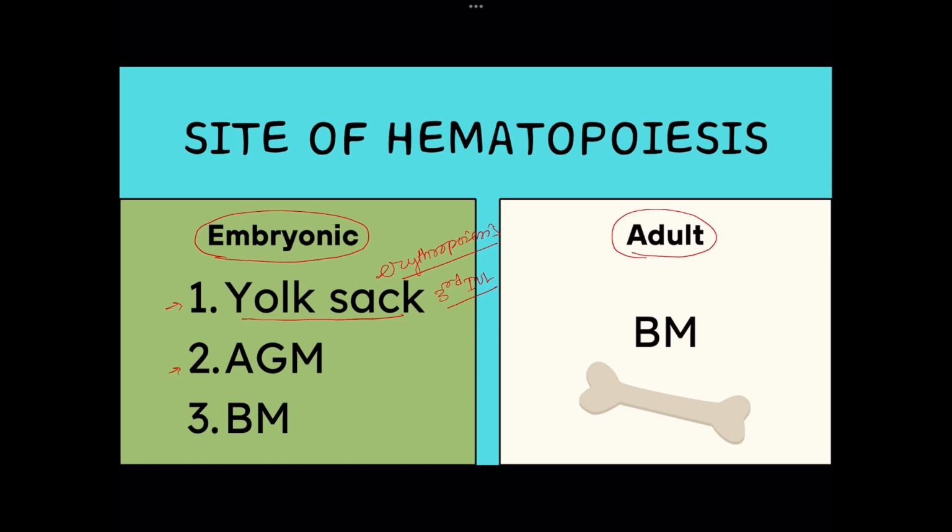Definitive hematopoiesis starts from the AGM region. AGM means aorta, gonad and mesonephros. This starts after the fourth week of intrauterine life. Definitive hematopoiesis of bone marrow starts at the third to fourth month and continues throughout life.